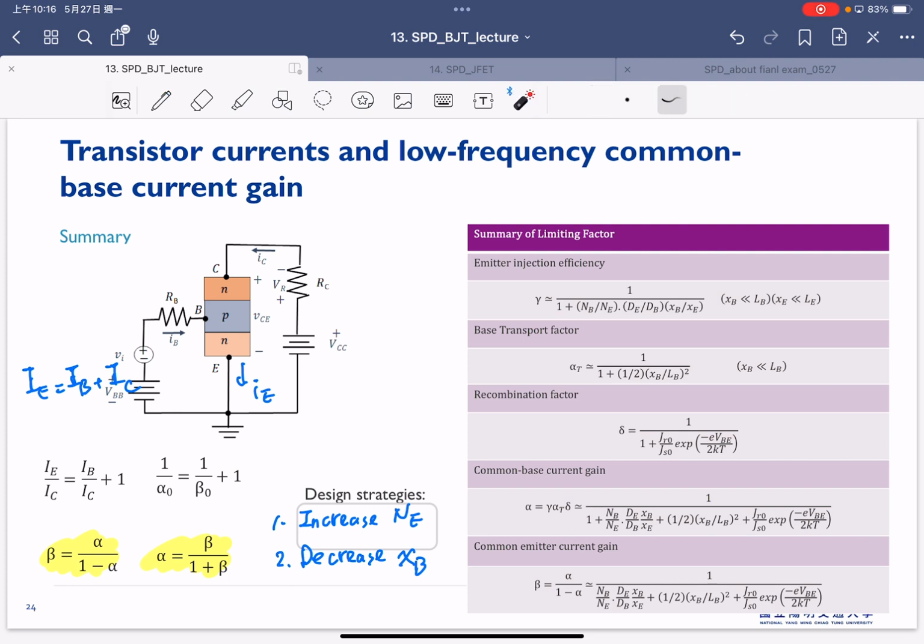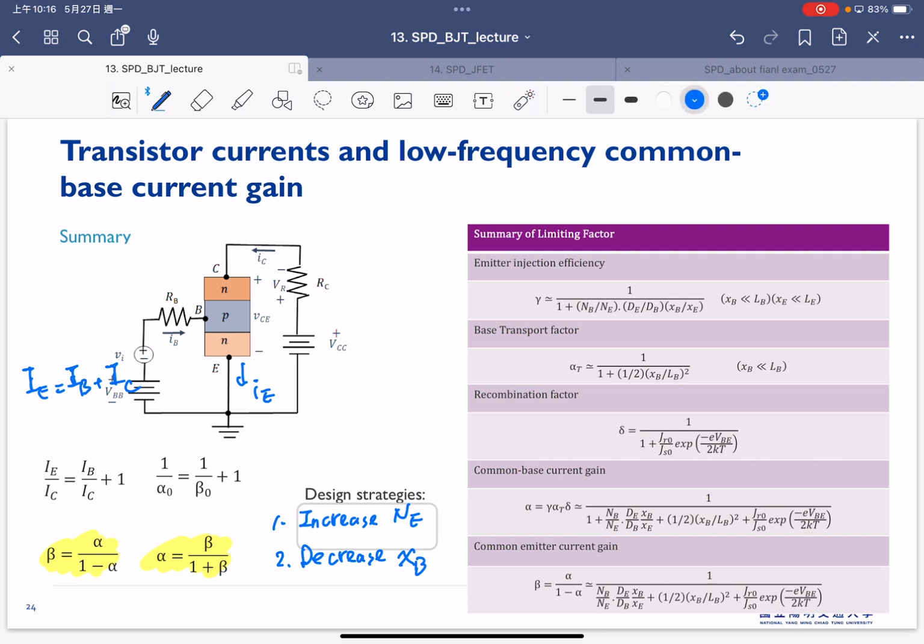It is difficult to tell at first sight, because the equation here is relatively complicated, but in the end, if you increase the concentration of the emitter, you can always have a higher current gain, or decrease your base width.